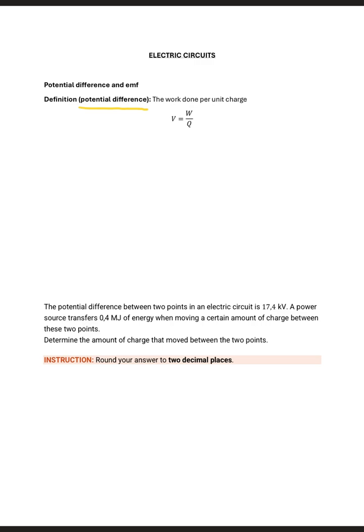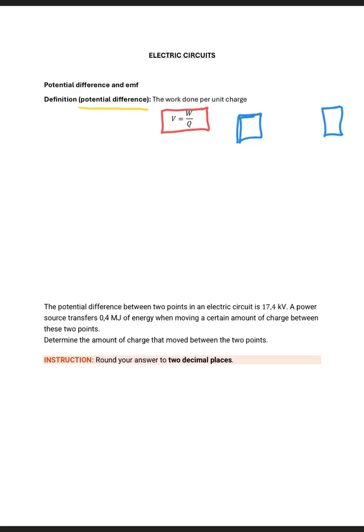Let me start with a scenario. Okay, so this is the formula of potential difference, right? I'm gonna border it like that, and then I'm gonna use a scenario. So let's say suppose we have two equal beakers, right?